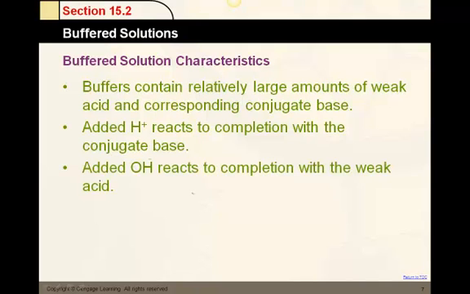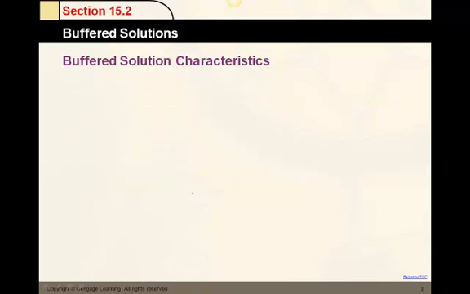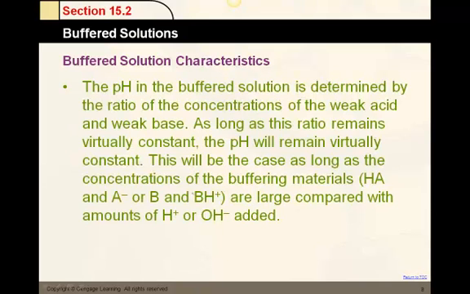The added OH negative ion reacts to completion with the weak acid. And then the pH in the buffered solution is determined by the ratio of the concentrations. As long as the ratio remains constant, the pH will remain constant. But this will be the case as long as the concentrations of the buffering materials are large compared with the amounts of hydrogen or hydroxide added.